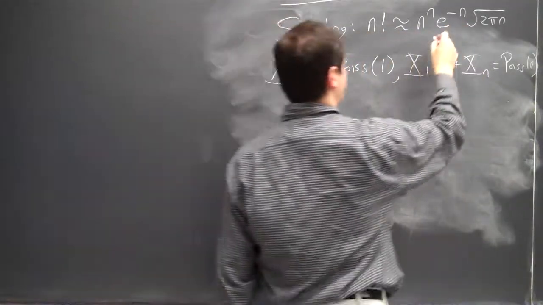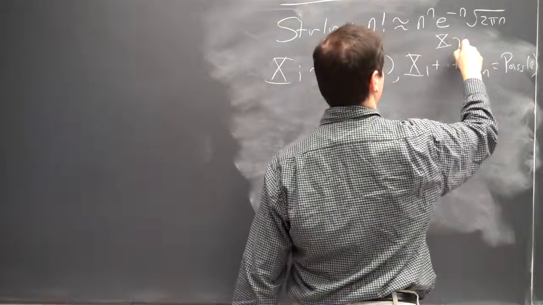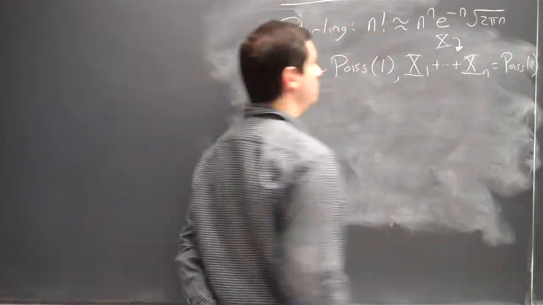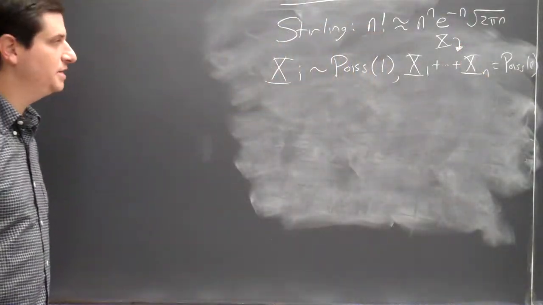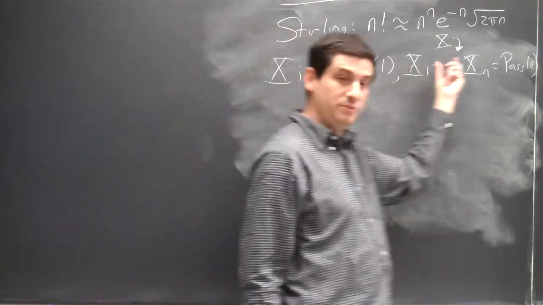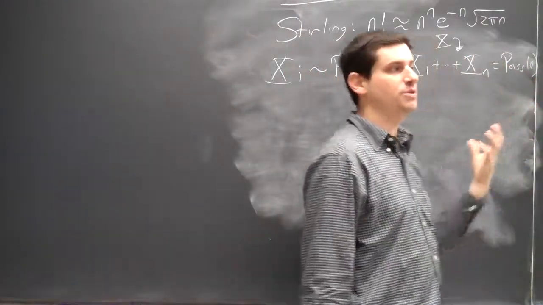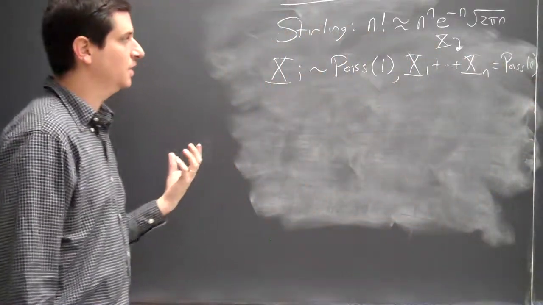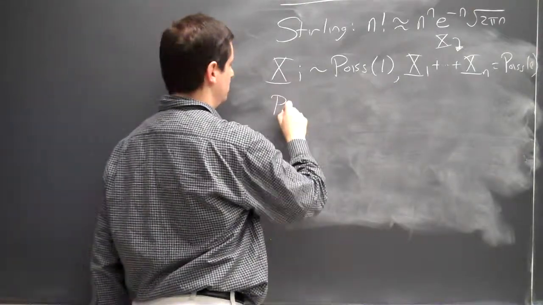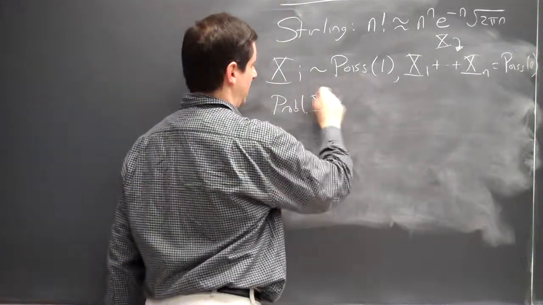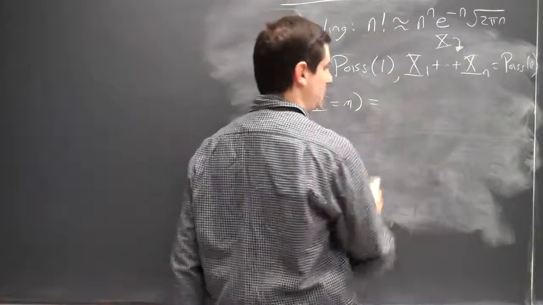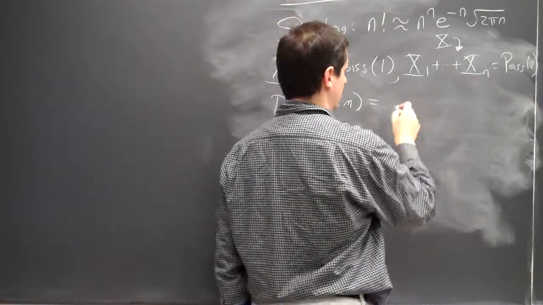Alright, and let's give this variable a name. Let's call this variable X. So X will be the sum of n independent, identically distributed Poisson random variables with parameter 1. So X is Poisson with parameter n. Alright, so the probability that X equals m is what?